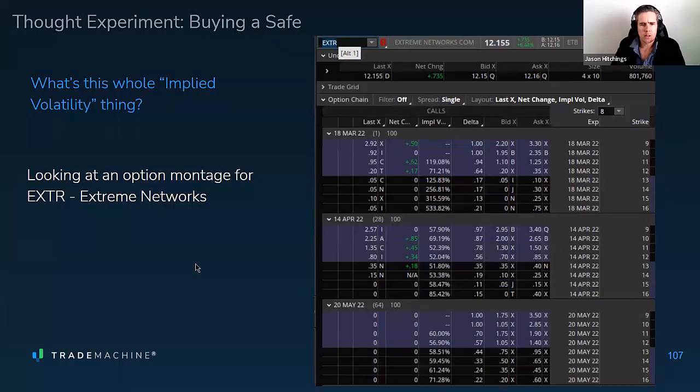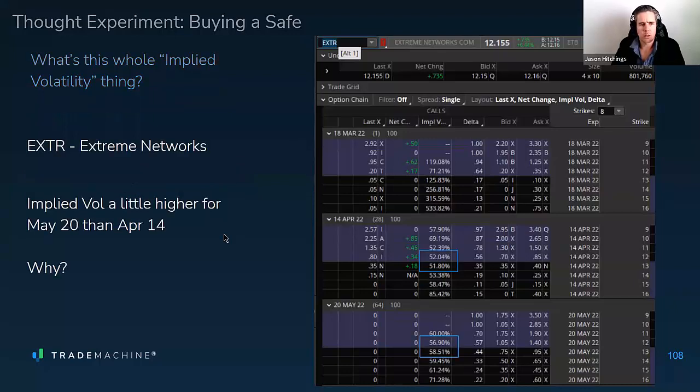So let's look at this particular example. Again, I just pulled this company, Extreme Networks, off of the Today tab, just to have an example to work with. And one thing you'll notice is the implied volatility looks really wacky for the stuff that's going to expire tomorrow. We're going to talk about that in just a second.